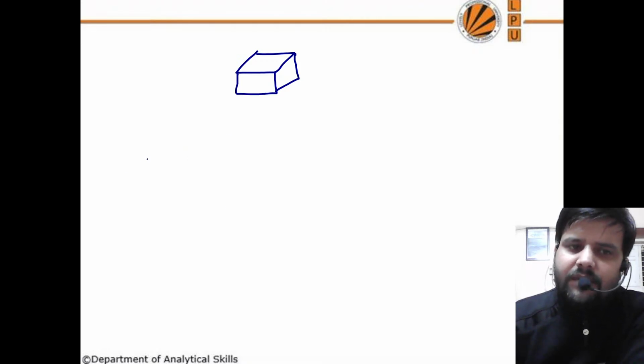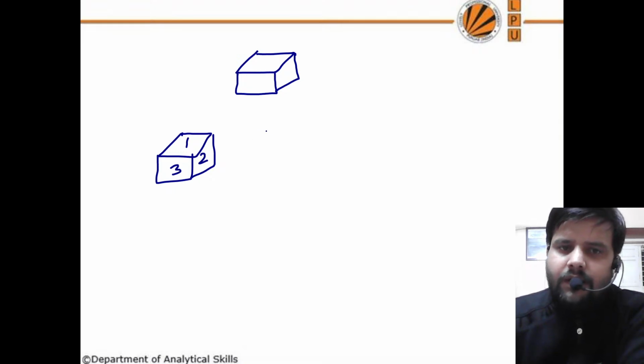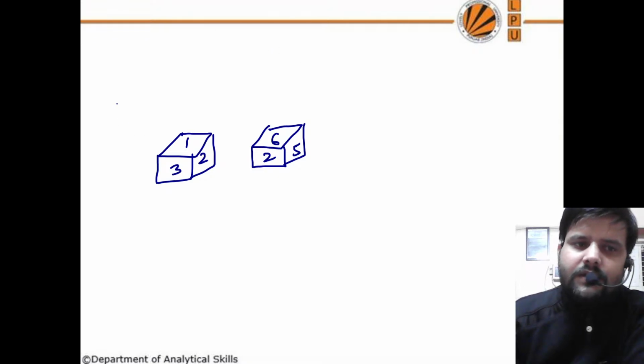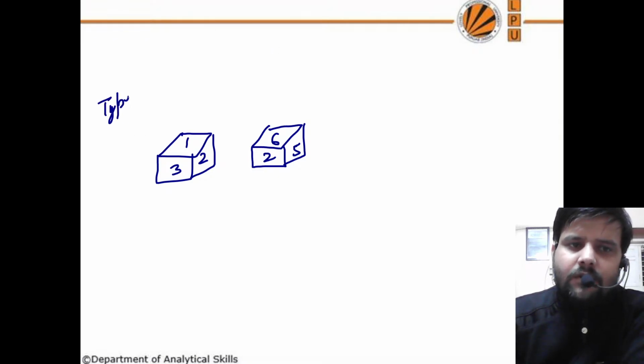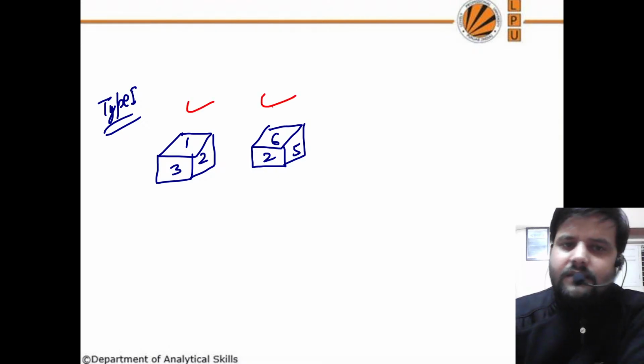Now I am making two pictures of a dice. Let's say this: first 1, 2 and 3, and another picture of the same dice is like this. This is done. This is type 1 in this. Remember it, these are not different dice.